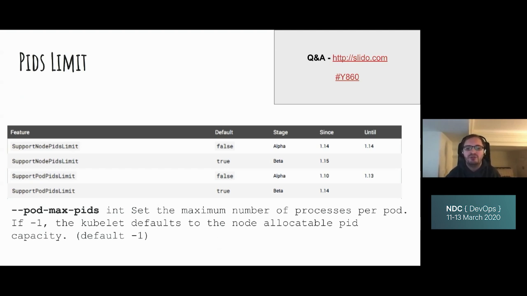You can set this to something reasonable, like 1,000 or 2,000 processes per pod, because it's very unlikely that anyone would be running more than that in an average system. And what it means is, by having this sensible default limit applied, if someone does manage to exploit the application and they try to just be disruptive, they're going to hit this PIDs limit and they can only run 2,000 processes and not take down every single pod on that machine.